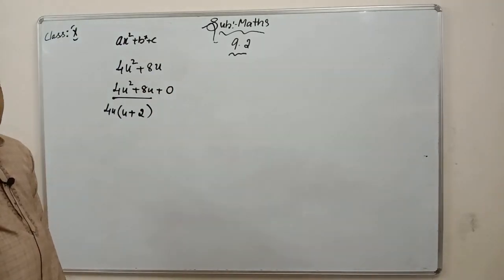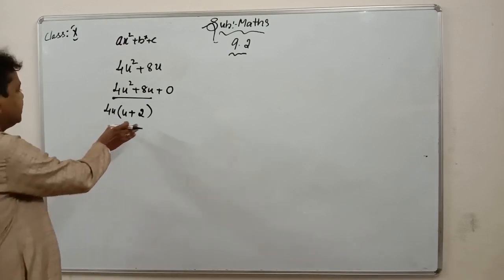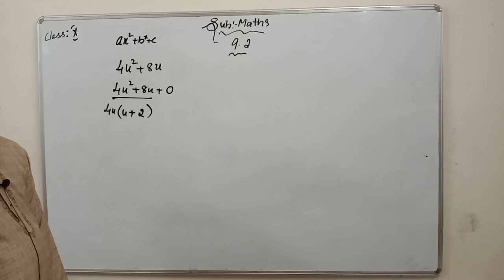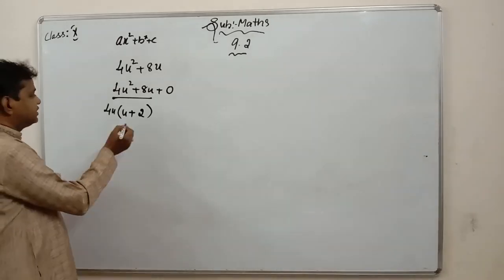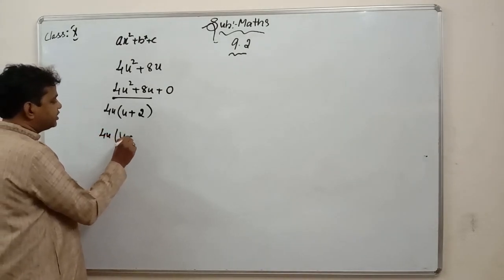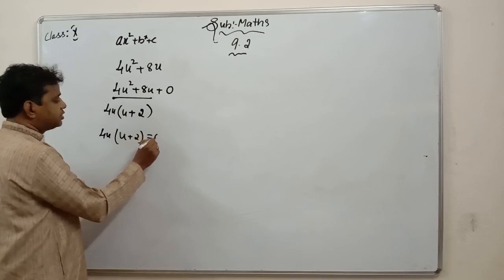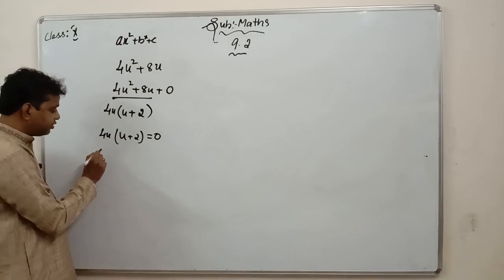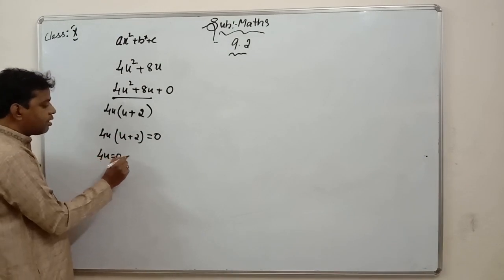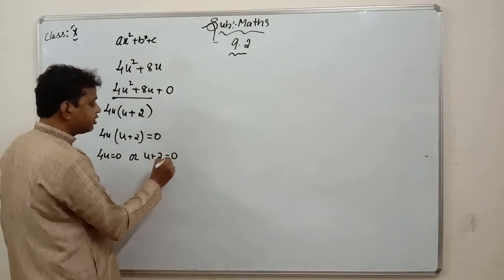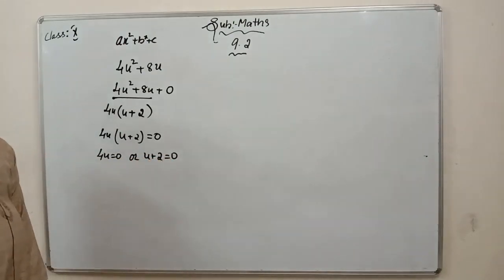So now we have the equation here, and we can directly equate it to 0. If I take 4u and u plus 2 equals 0, either 4u must be 0 or u plus 2 must be 0. Getting the point?